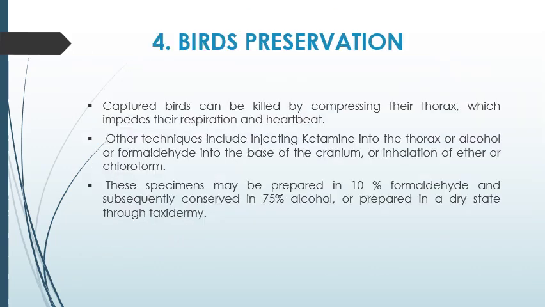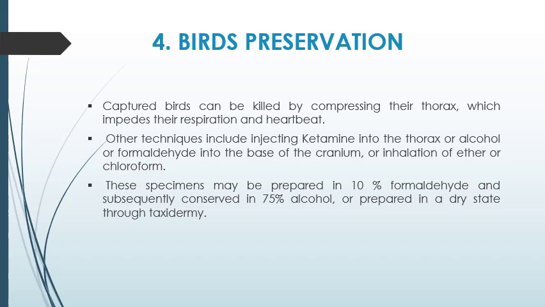Number 4. Birds preservation. Captured birds can be killed by compressing their thorax, which impedes their respiration and heartbeat. Other techniques include injecting ketamine into the thorax or alcohol or formaldehyde into the base of the cranium, or inhalation of ether or chloroform. This means different chemicals can be used to kill the organism.